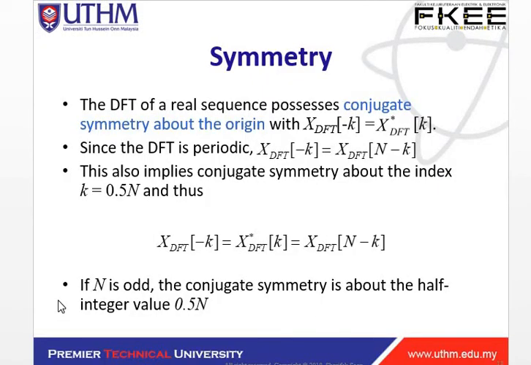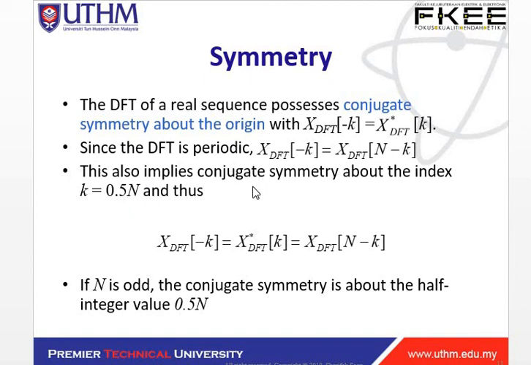In discrete Fourier transform, we also have the property of symmetry. The symmetry property is quite easy. That is the conjugate symmetry about the origin. So X DFT minus k is equal to the conjugate of X DFT k. Since DFT is periodic, X DFT minus k is equal to X DFT N minus k.